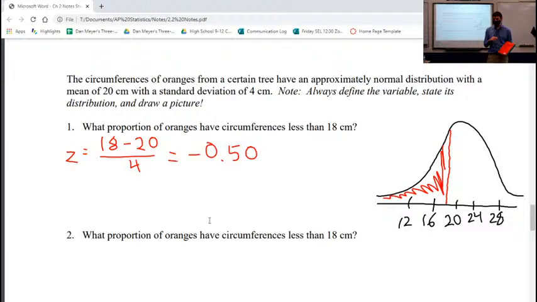And so by the AP test, you will need to have this table memorized. I'm just kidding. But what you will need to know is how to use this table and how to say, if I have this z-score, this is the proportion that you'll need.